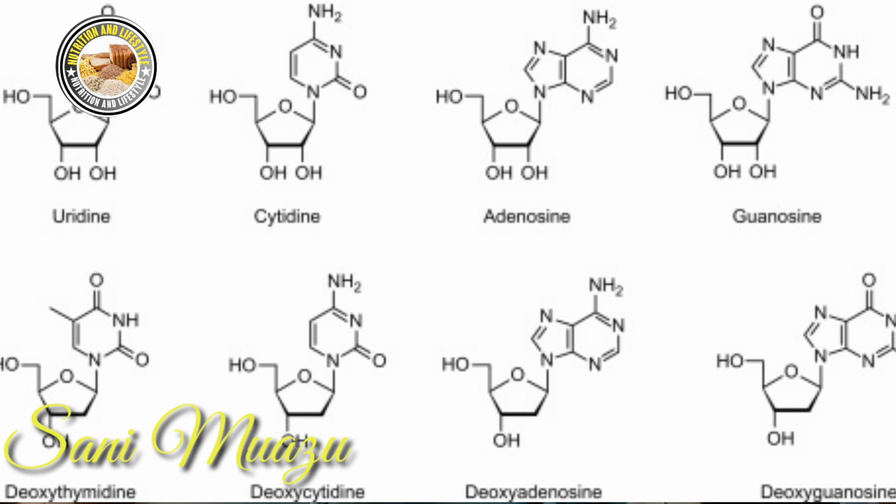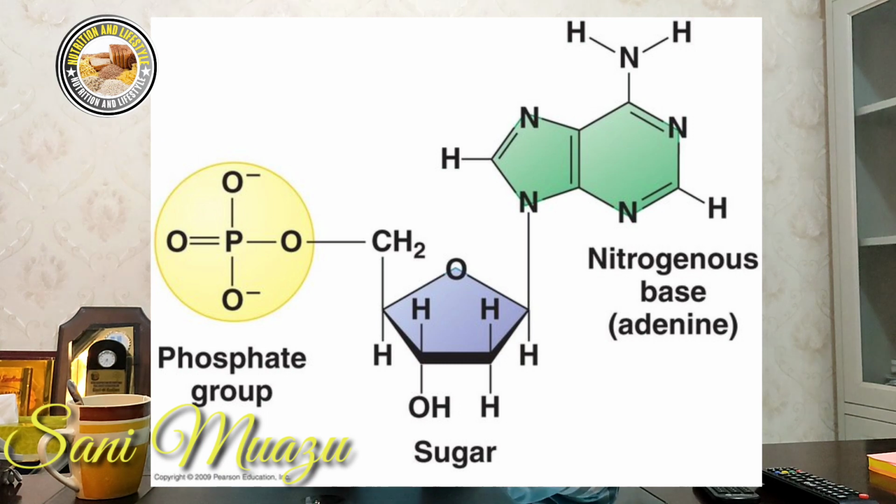Since a ribose sugar has 5 carbon atoms, if a phosphate binds on the 5th carbon atom, the whole structure now becomes a nucleotide. So a nucleotide is a building block of DNA that comprises a ribose sugar that binds with a purine like adenine or guanine, or a pyrimidine like cytosine or thymine, on carbon 1.